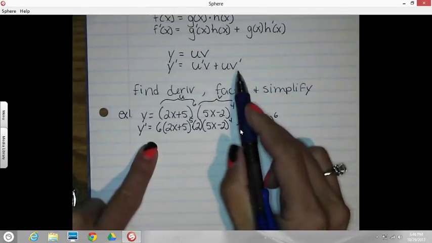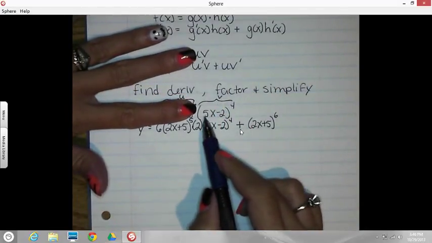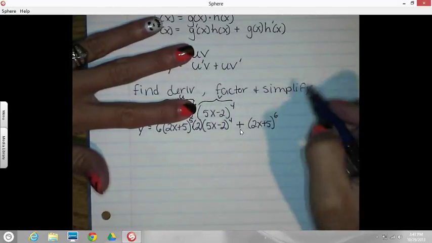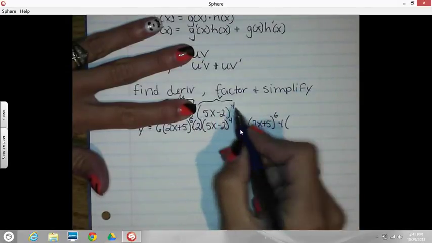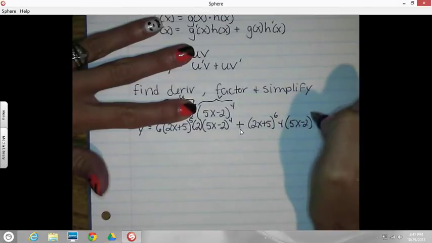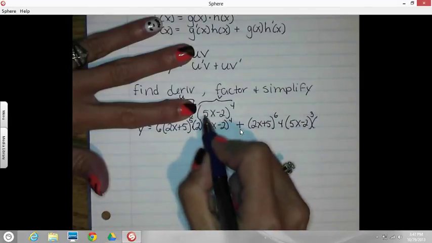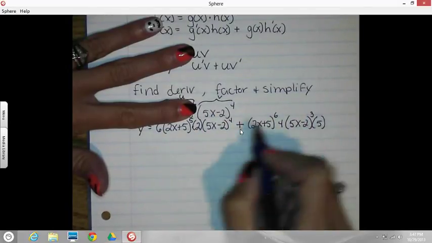Now I've got to do v prime. So forget that this is even here. I've got an inside, outside chain rule. Start here with the power. 4 comes down, multiplied by the inside to the 1 less power. And then times the derivative of the inside. Derivative of 5x is 5. And then the derivative of a negative 2 is 0.